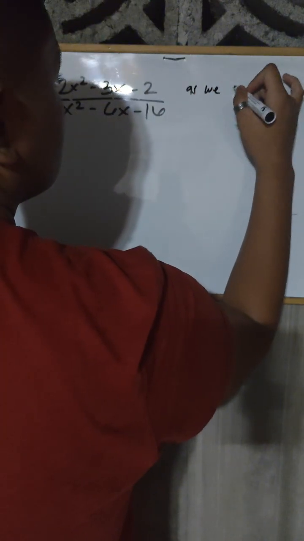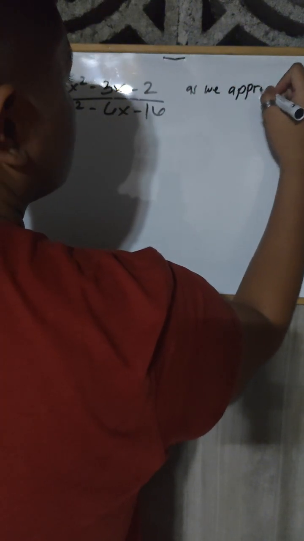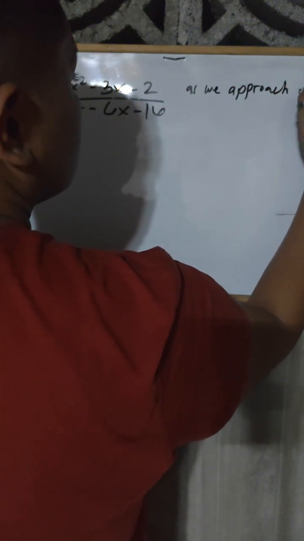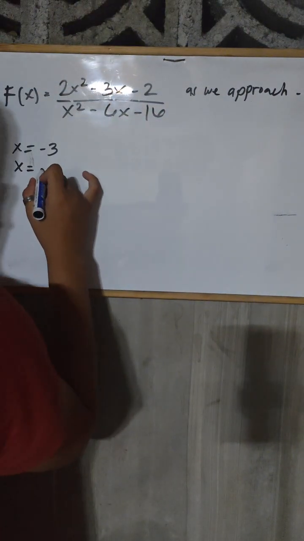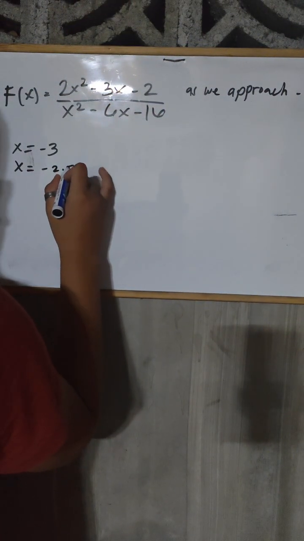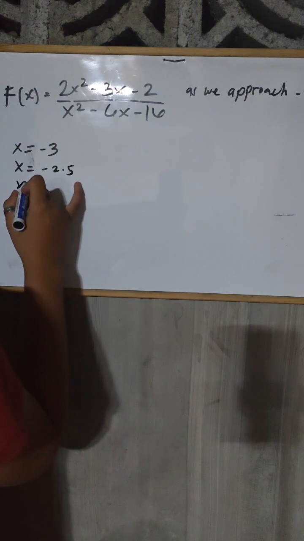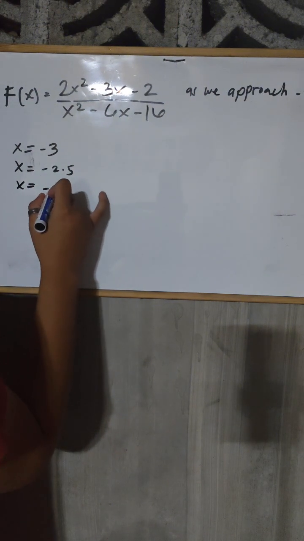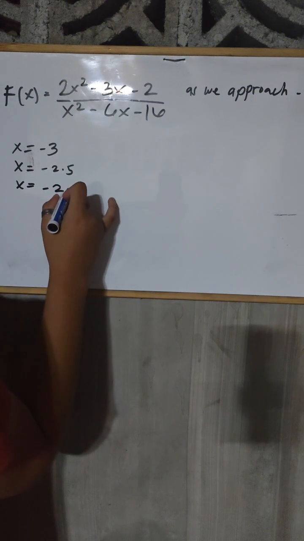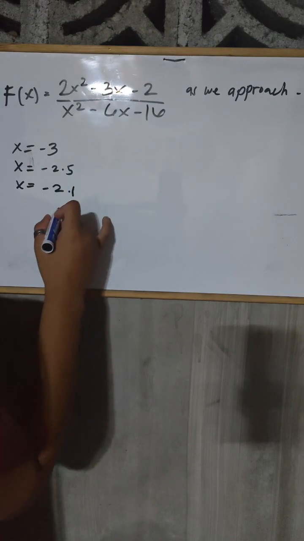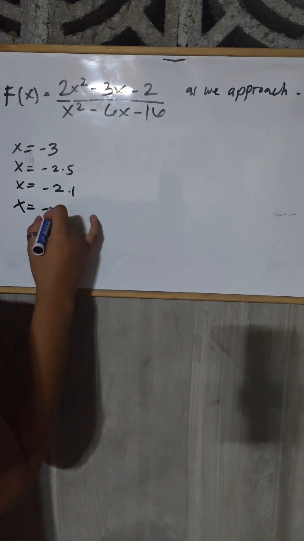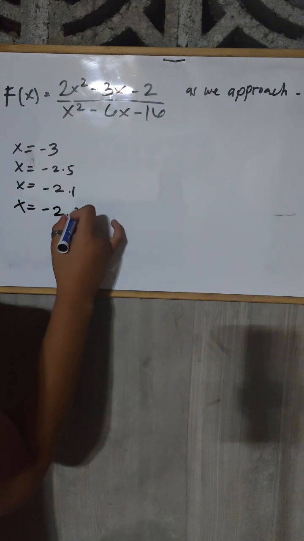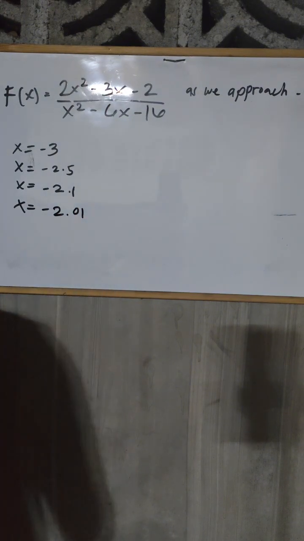As we approach negative 2, so negative 2.5, let's say negative 2.1 maybe, and x equals negative 2.01.